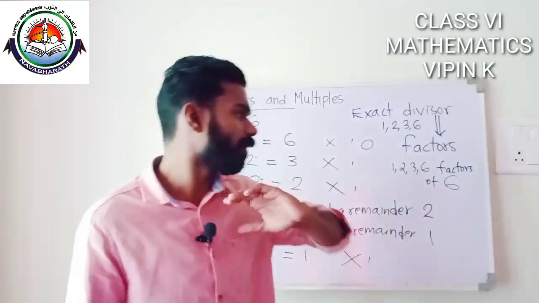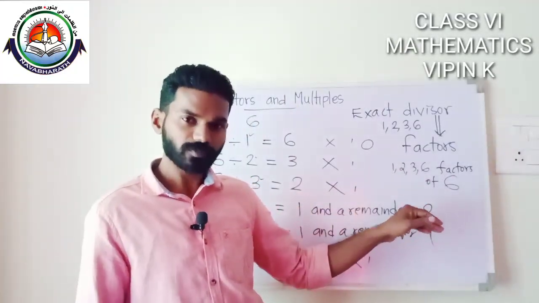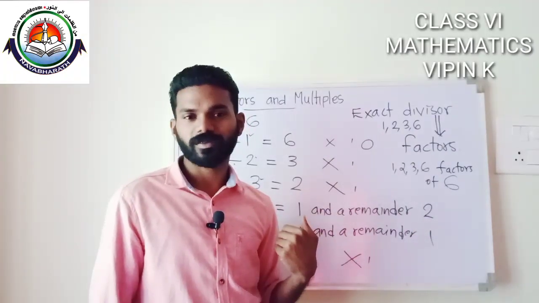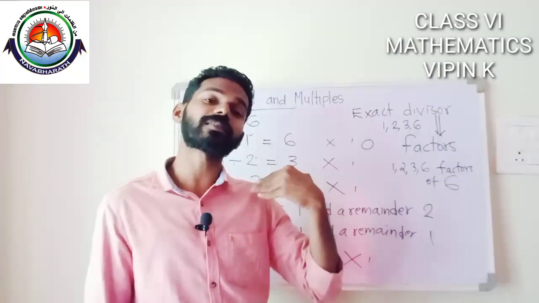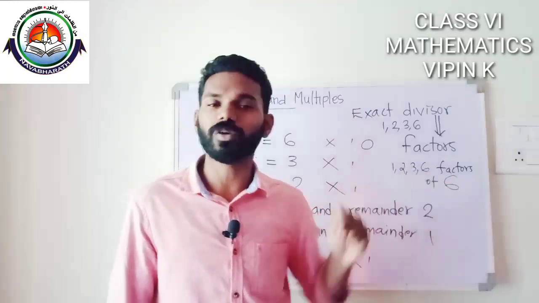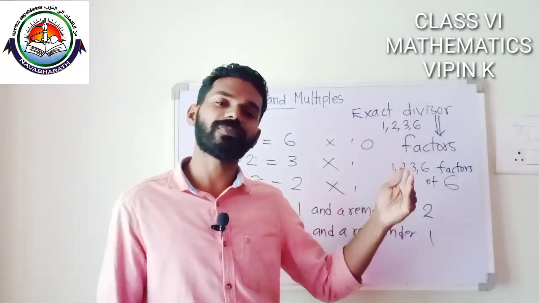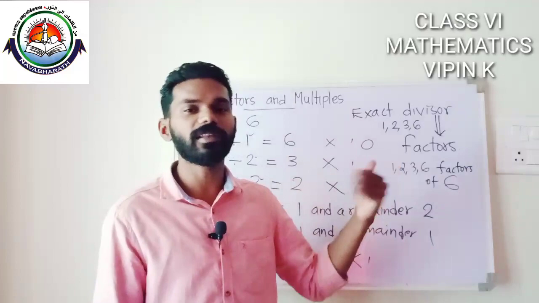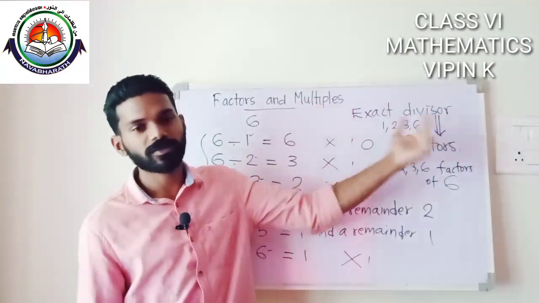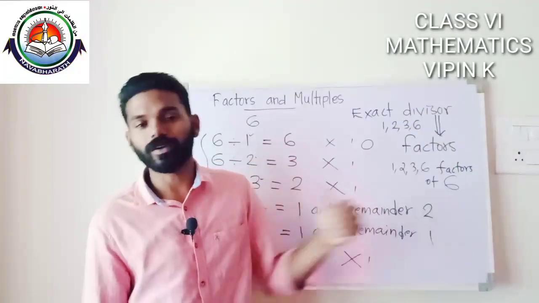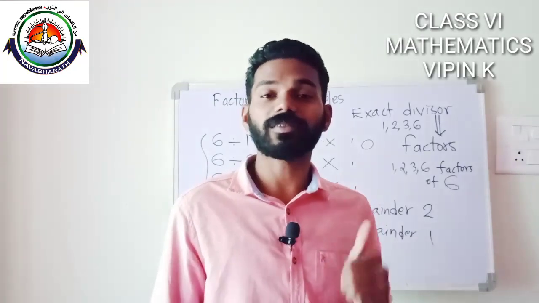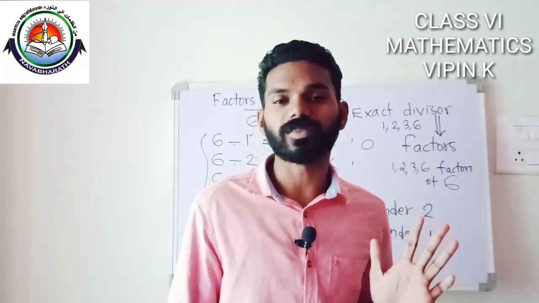So all the factors of 6 would be either equal to 6 or less than 6. Just like that, all the factors of 10 can at maximum be equal to 10, and all other factors must be less than 10. So that's all about factors. I hope you are clear about what is actually meant by a factor. Factors are the exact divisors. Clear?